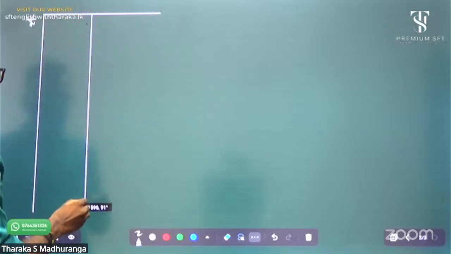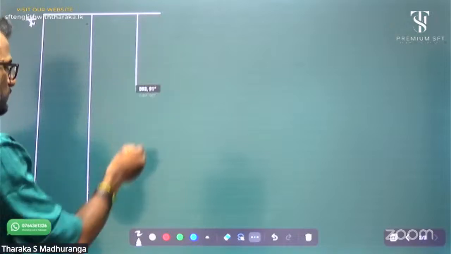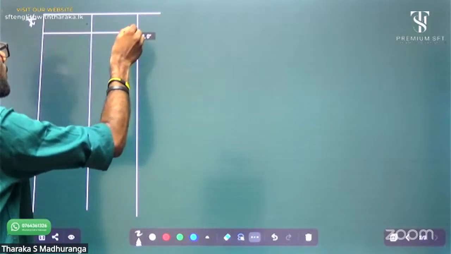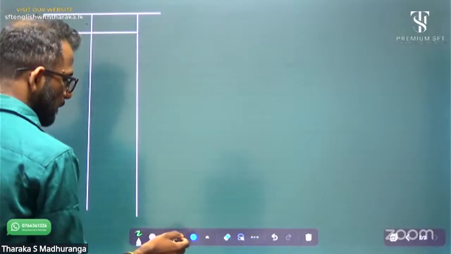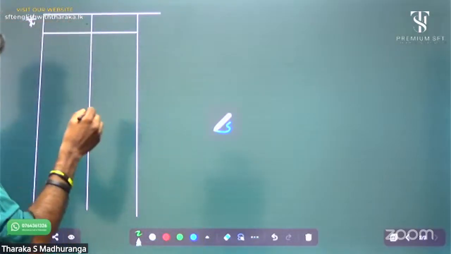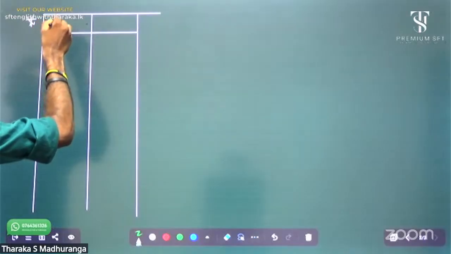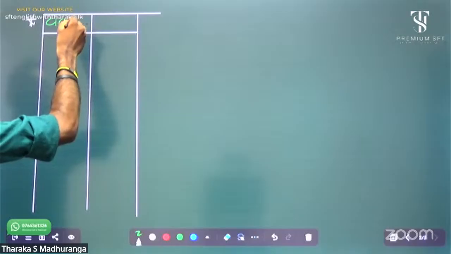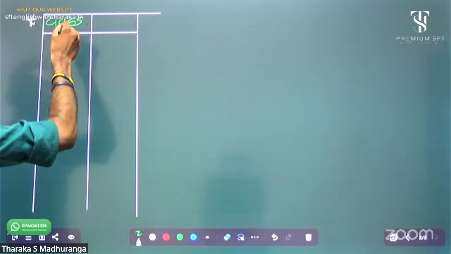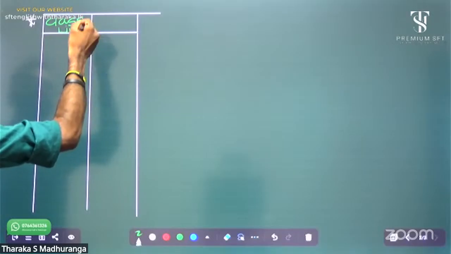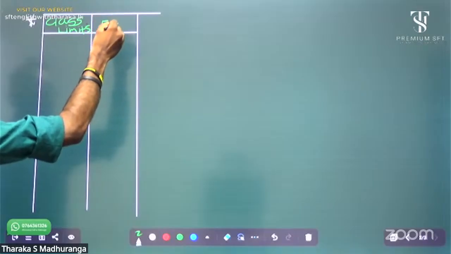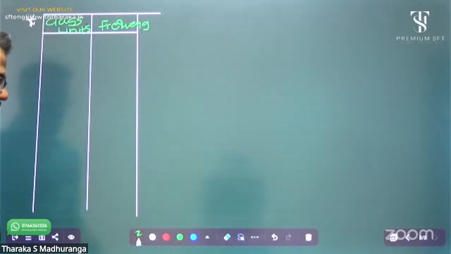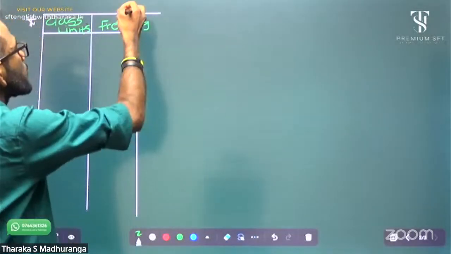Draw this table. Class limits and frequency, within bracket Fi.